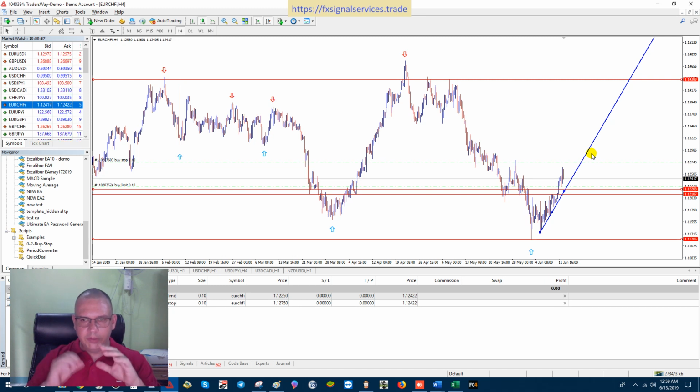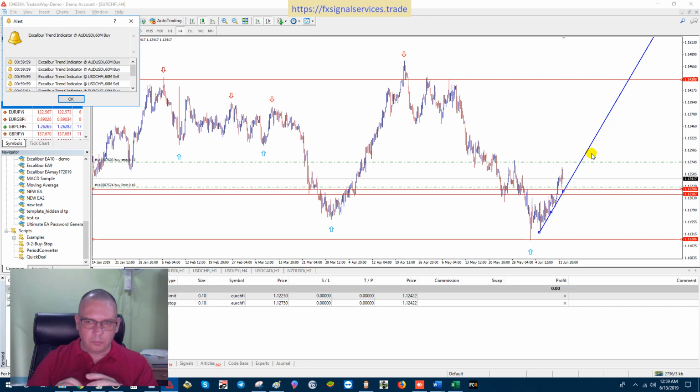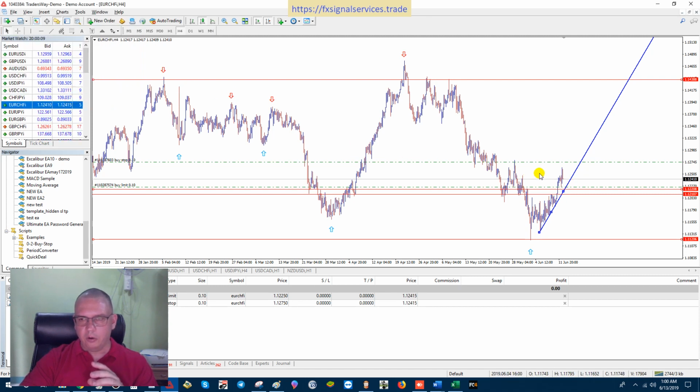because at this point in time right now, I cannot say place a buy trade right away or place a sell trade right away. You know, chances are if I place a sell trade right or a buy trade right now, it's going to shoot down. Or if I place a sell trade right now, it's going to shoot up. It's Murphy's Law, okay? These brokers know what they're doing.